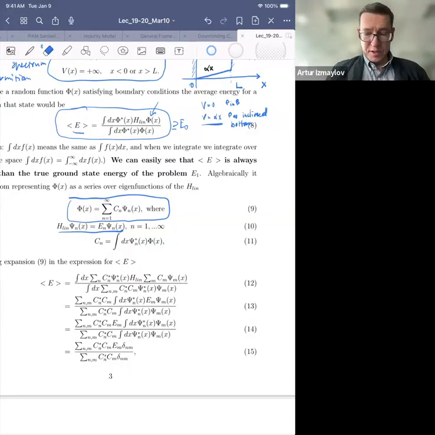Now, here's another question just to check your understanding. Why do we know that any state, no matter what it is, should be a linear superposition of eigenstates of the Hamiltonian?